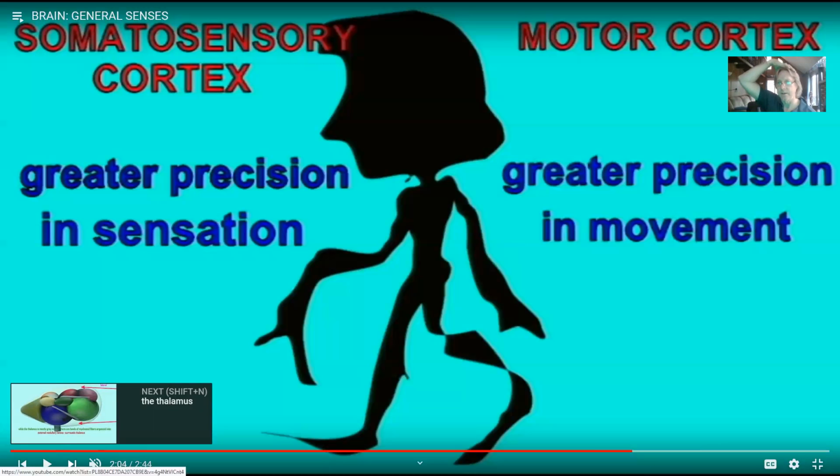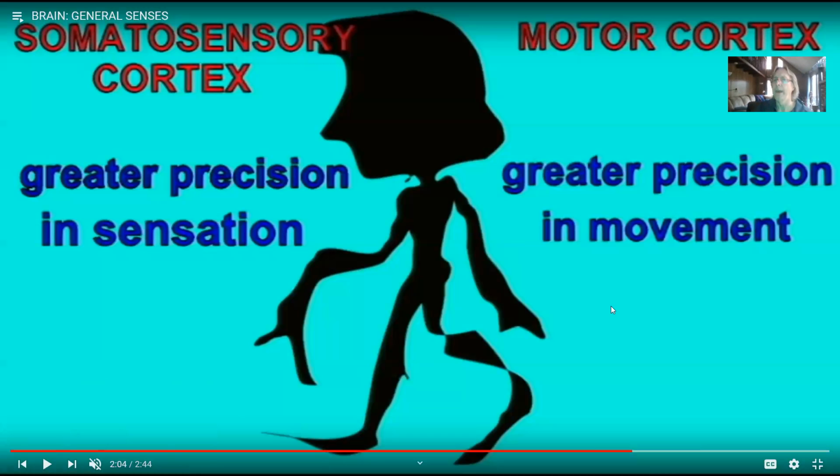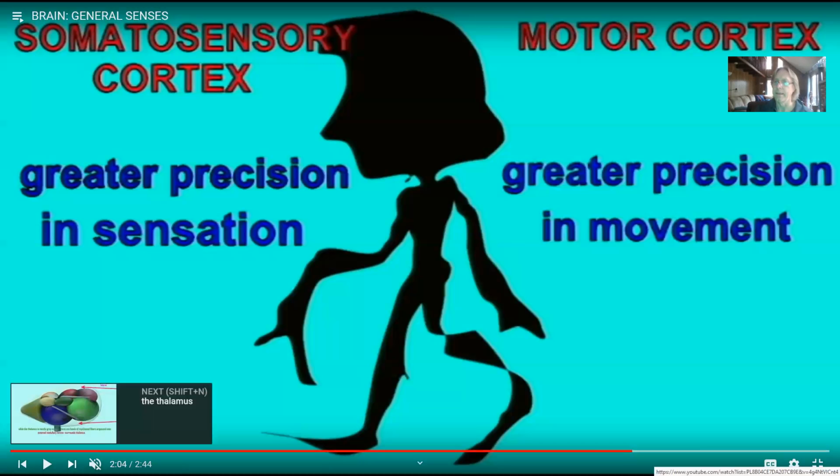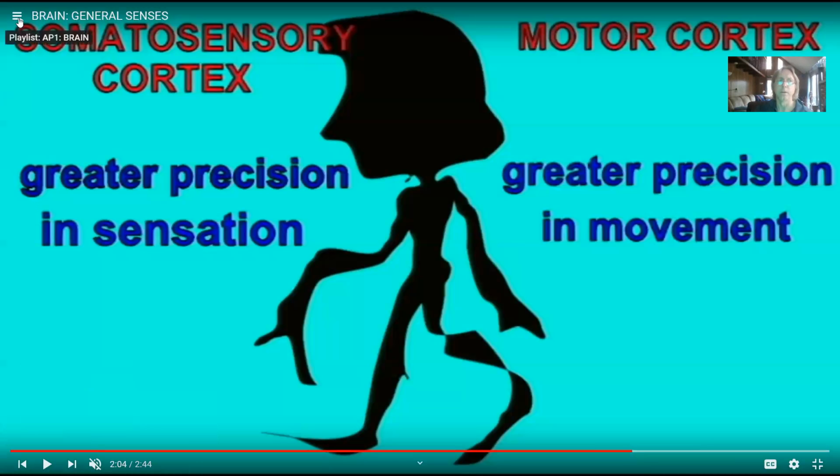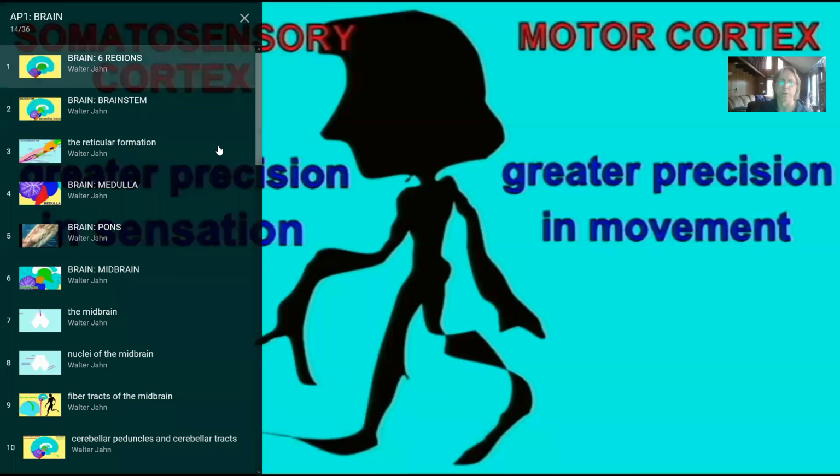Now, just as there is a somatosensory cortex, in front of it, the precentral gyrus, we have a motor cortex. And also we have a map of the body there. The face is very large. Once again, the hand is very large. And so the greater the area there, the greater the precision of our control.